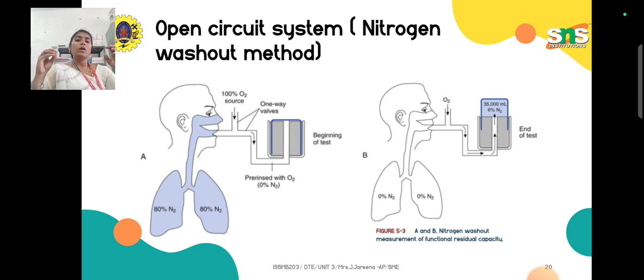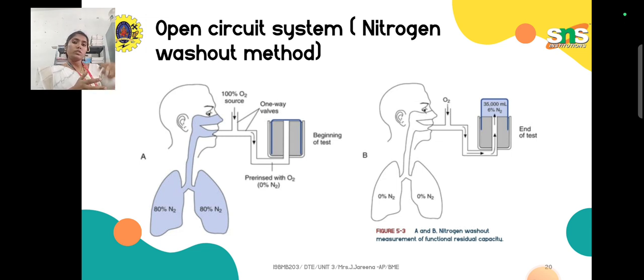Okay, this is the one way. On the other side we are giving a supplement of pure oxygen. The bag is placed to collect the nitrogen; it just collects what is exhaled. During inhalation, the person should not inhale normal atmospheric air, because here we have to concentrate only on the nitrogen present in the lungs, especially in the residual volume.